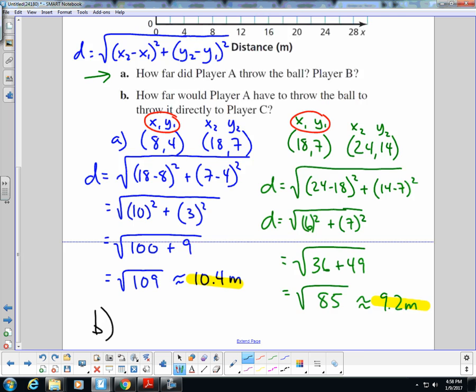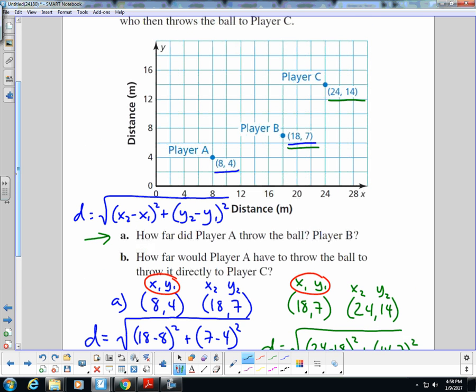So if we look at our figure up here, for player A to throw it to player C directly, now we're talking about a straight line just like this. And we want to figure out how far that is. So again, we can use the distance formula here to figure it out.